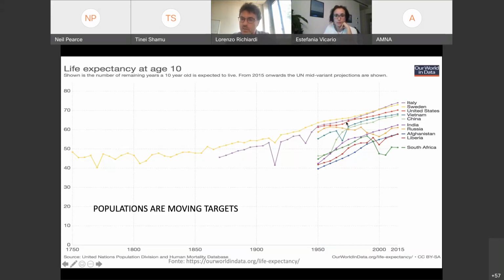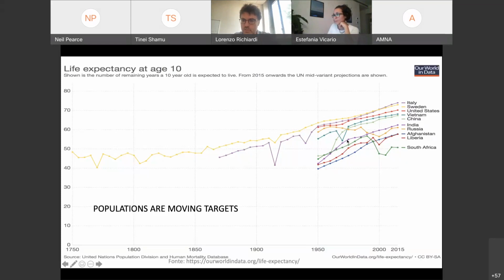As you can see, in some countries like the United States, the increase has been quite homogeneous over time. In other populations, like for example Vietnam, here we have again a war period shaping life expectancy, but it's not only war, of course, that shapes the health. There are also other issues.